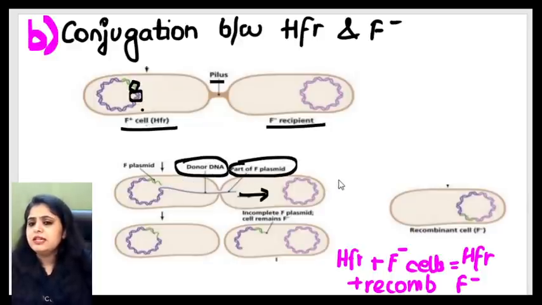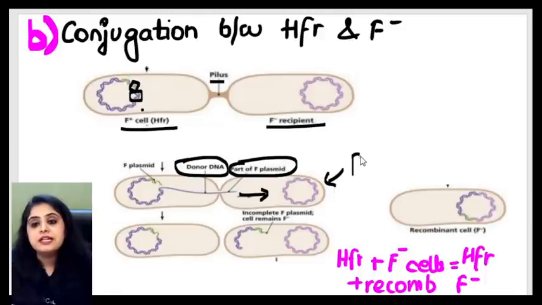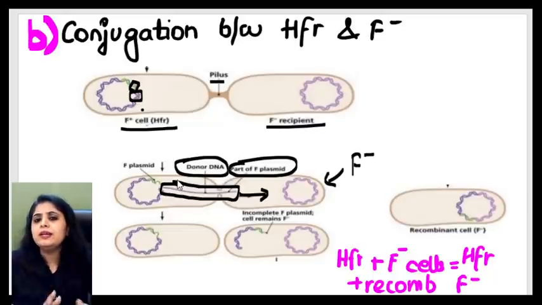So tell me, is this going to actually become F plus because a little bit of fertility factor was going? No, it is still going to remain F minus. The entire fertility factor has not come. But on the other hand, a little bit of the donor DNA has definitely come. So hasn't it become like too many DNAs?